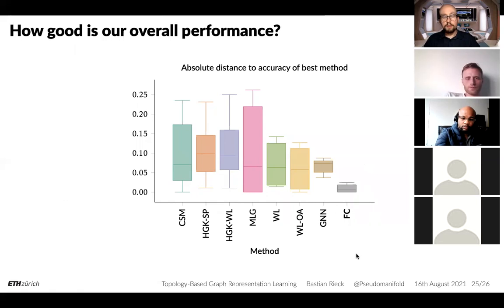And we can even show that by looking at the absolute distance to the accuracy of the best method. So if we take all the methods that are out there and we calculate the absolute distance of every method to the best performing method here, we gain some information about the spread or about the overall stability of a method. Ideally, you would want to be at 0, and you would want to have 0 variance for your method, because that would mean that you win in all the data sets and in all the cases.